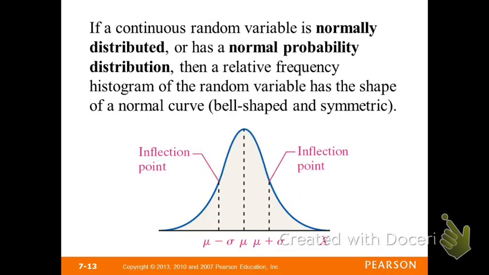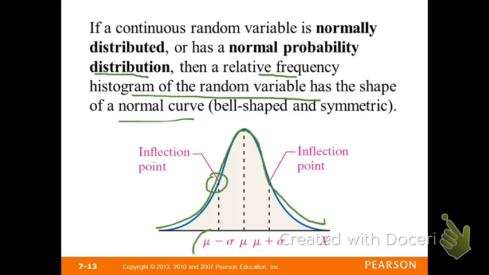Properties: we want to be comfortable with the properties of a normal curve. If a continuous random variable, such as height, weight, density, pressure, or volume, has a normal probability distribution, then a relative frequency histogram of the random variable has the shape of a normal curve. Without going too deep into the calculus, the curve has an inflection point at mu minus 1 sigma and at mu plus 1 sigma.